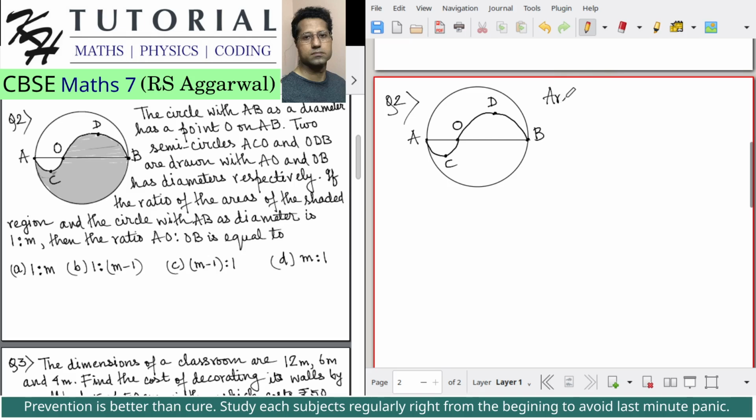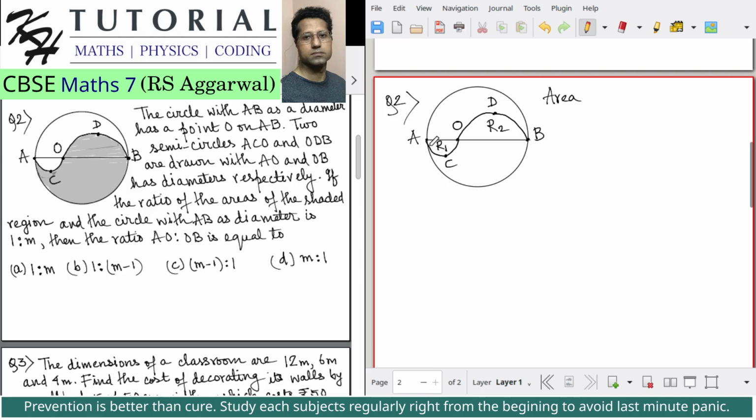Okay, let's give some names to some regions. Let's say the bigger semicircle is named as the region R2. The smaller semicircle, let that region be R1.